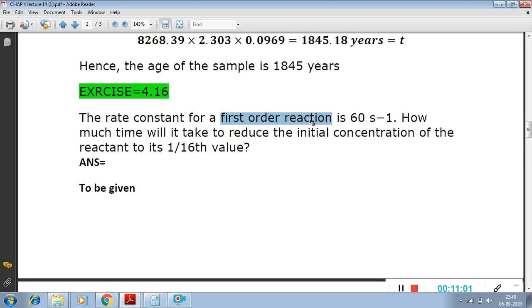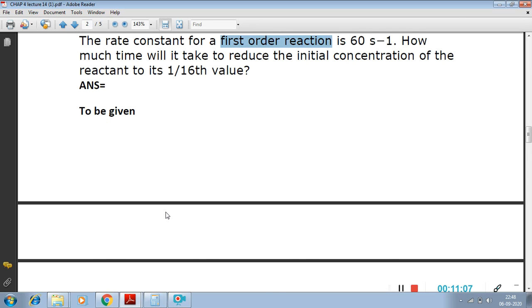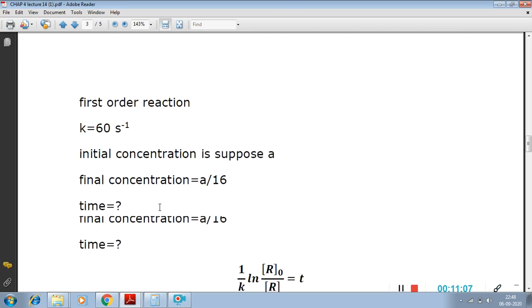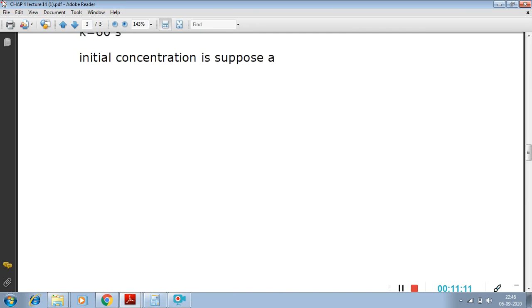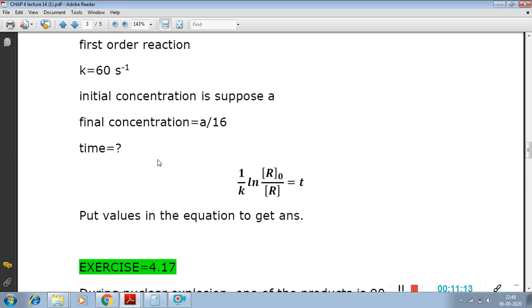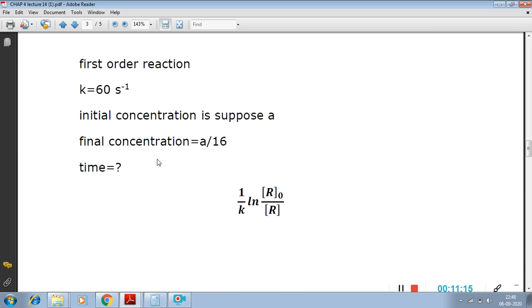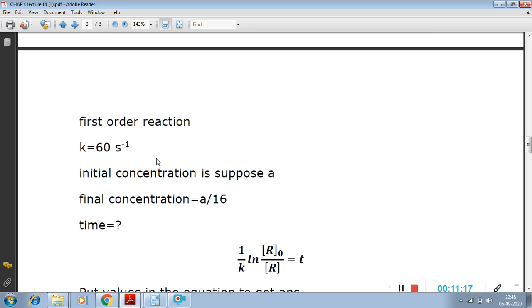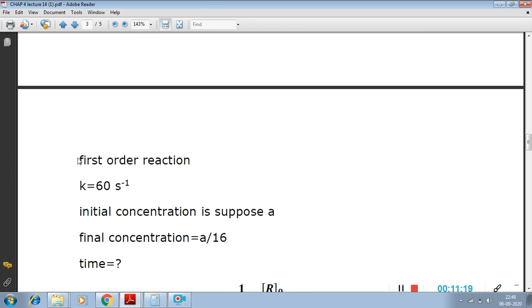It is given in the question only. So for first order reaction, K is equal to 60 second inverse, that is given in the question.